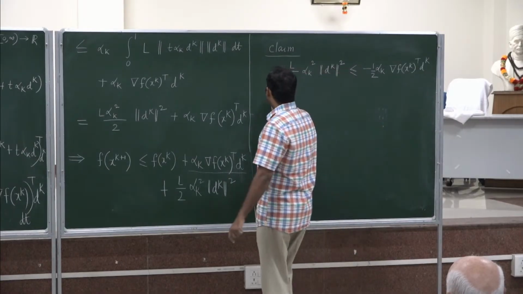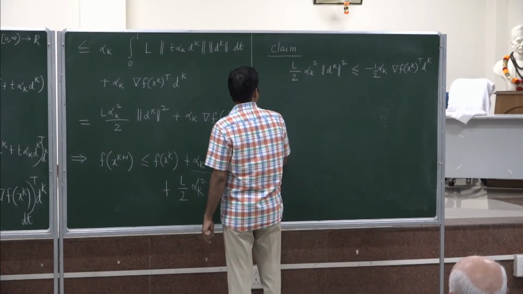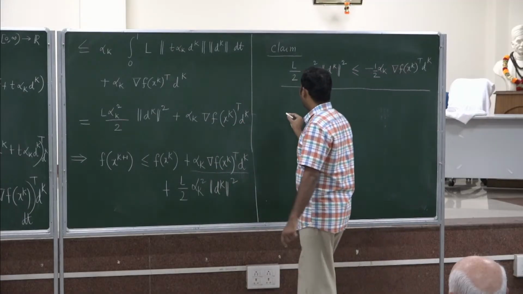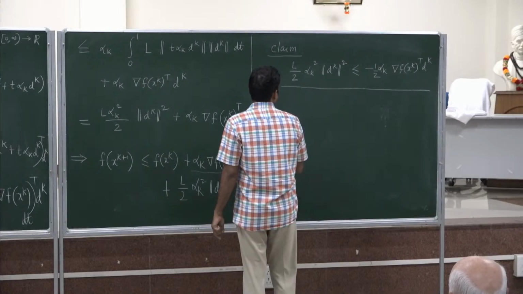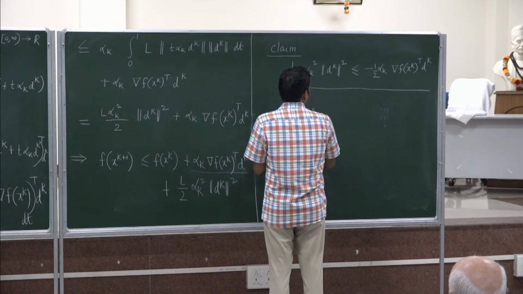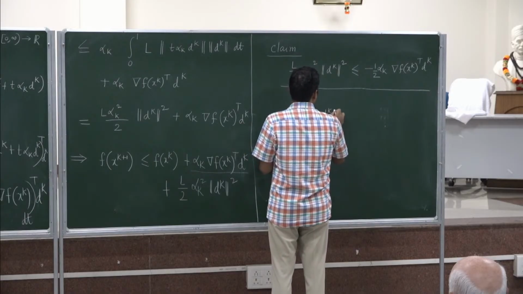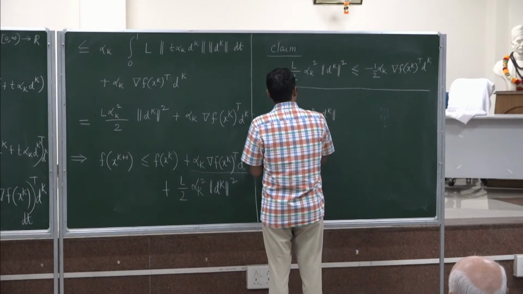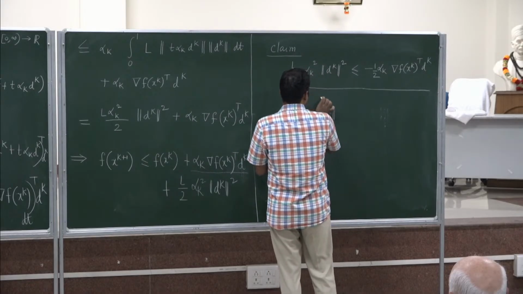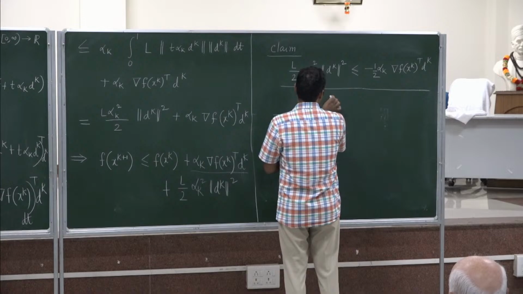Why? The reason behind it is as follows. This is actually equivalent to the claim that we have alpha k on the left hand side, pushing everything else to the right hand side.